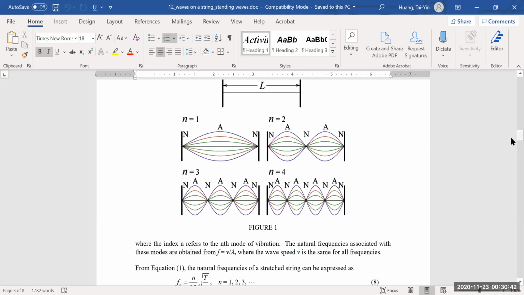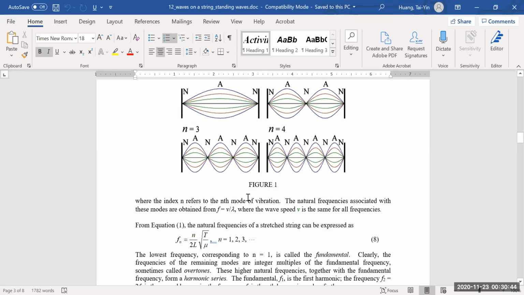The other thing is that when you have a wave that's been generated, the frequency, wavelength, and velocity are related: f equals v over lambda, where f is the frequency, the number of oscillations per second, with unit hertz, v is the velocity, how fast the wave travels, and lambda is the wavelength.